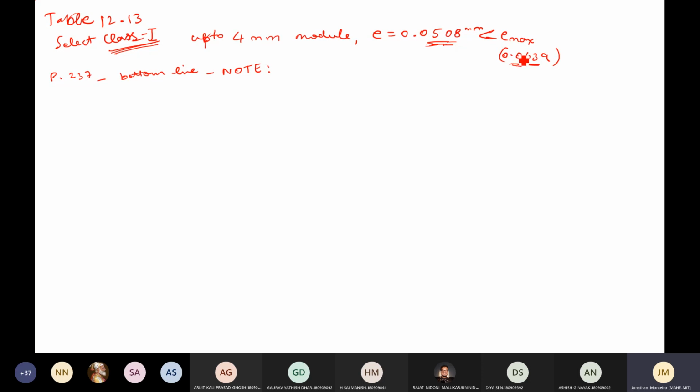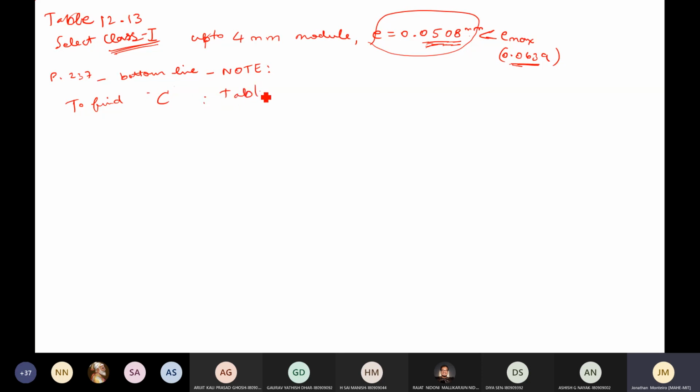That means Emax is the maximum allowable error you can get, but there is a restriction with the class of gear that you are dealing with. So what is the conclusion? The E value should be restricted to 0.0508 mm. So to find C, the dynamic factor, now go to table 12.12.